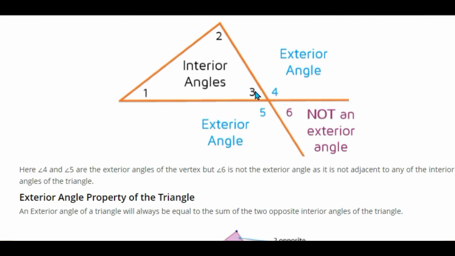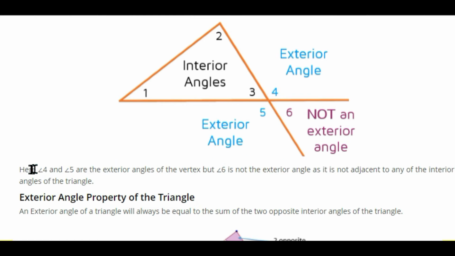Yes or no? 3 is an interior and 5 is an exterior angle. That is necessary in the case of an exterior angle of a triangle. Here if we talk about 6, it is not forming any linear pair with an interior angle of this triangle. That's why we are not considering this as an exterior angle of the triangle.